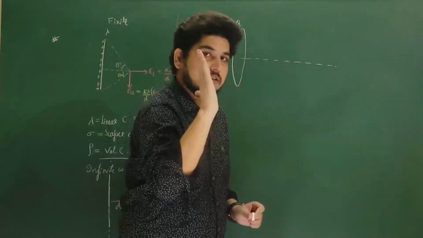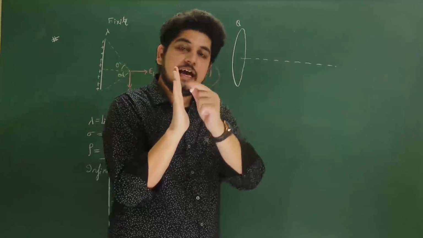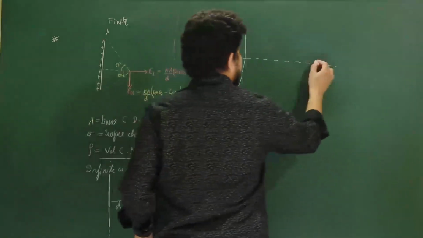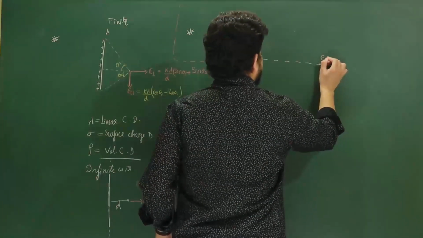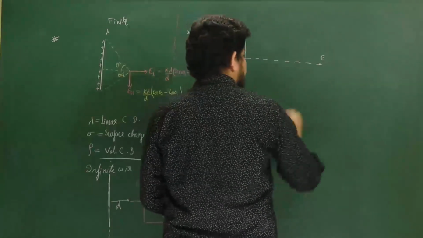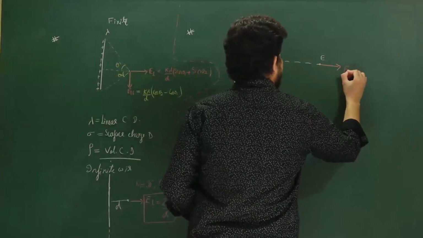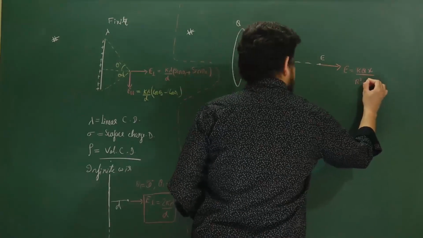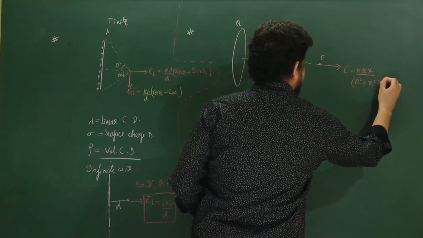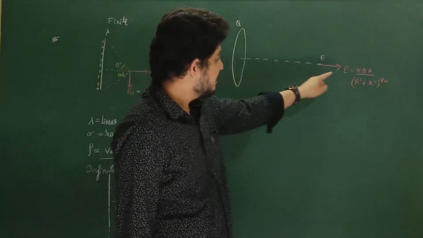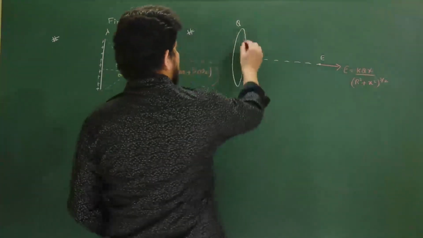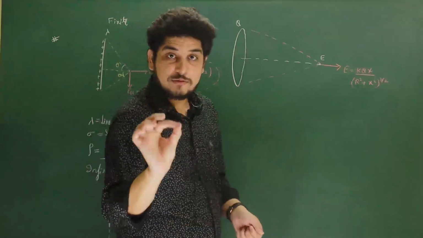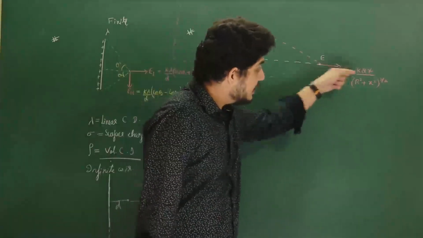Suppose this is the ring, and we have to find the electric field at a point on its axis. At this point the electric field will be in this direction only, and its value will be equal to kqx by (r squared plus x squared) to the power 3 by 2. Getting my point? So this is the electric field due to this ring at this point, and the net electric field will actually be in this direction only.